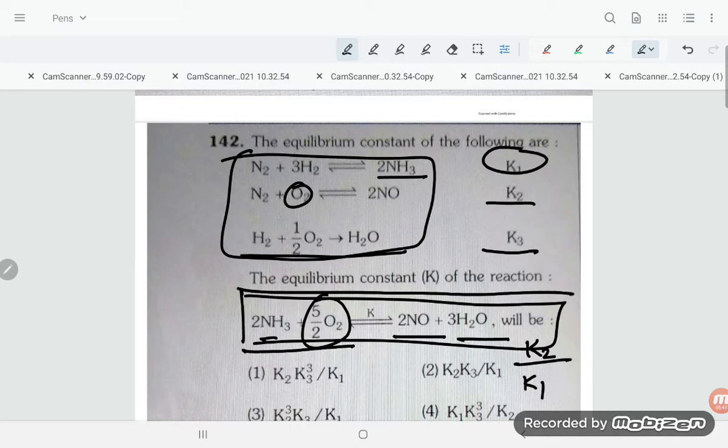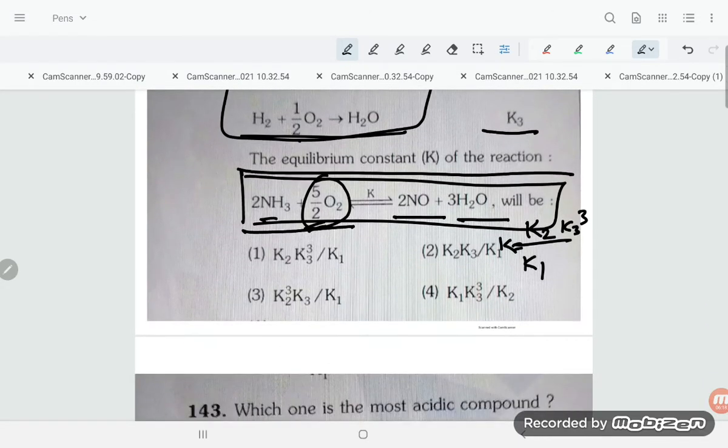So what we have to do, student, is 5 by 2 O2 and 1 by 2 O2, so if you multiply these by 3, it will be 3 by 2 O2 and 1 O2. So it will be K3 power 3, and this is K2 K3 upon K1.